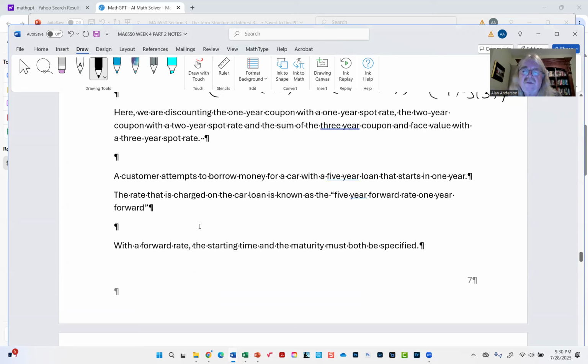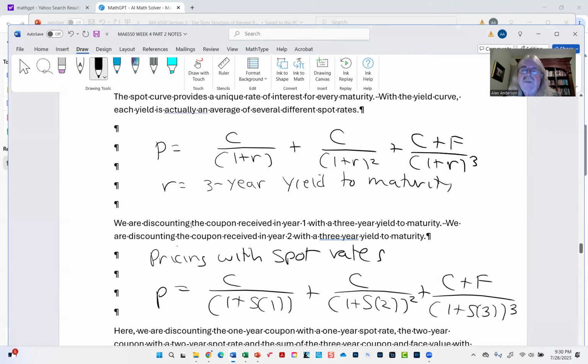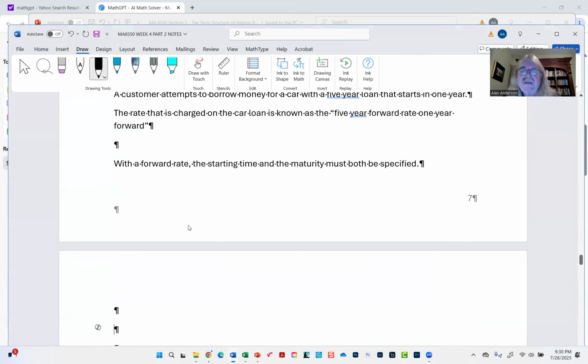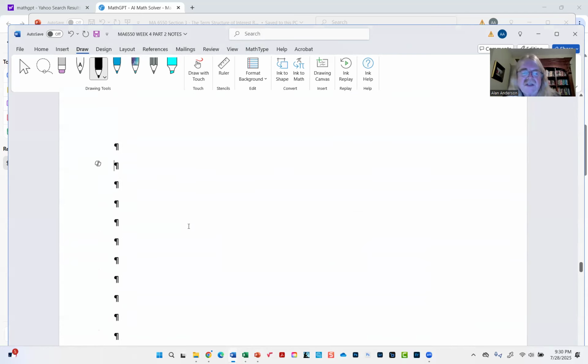But here, it's a 5 year loan, 1 year in the future. So think of it as a 5 year rate, forward rate, 1 year forward. And so these are used extensively in derivatives pricing models, but the calculations are getting a little bit messier here. So that being the case, I think that can probably wait till our next session.